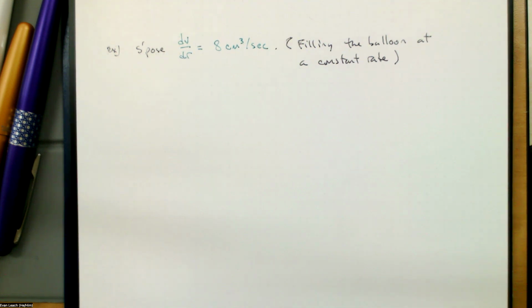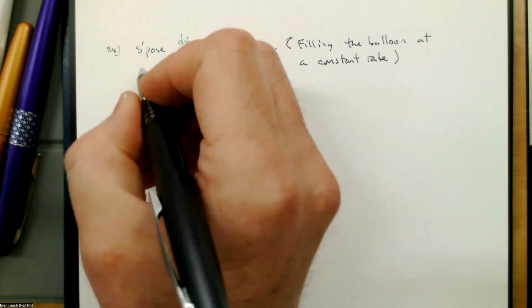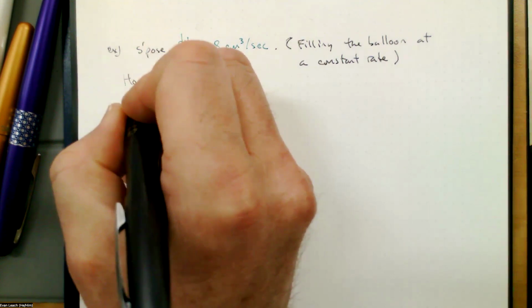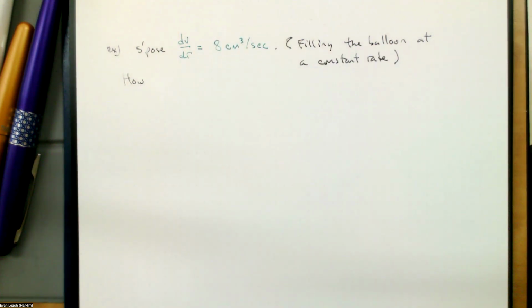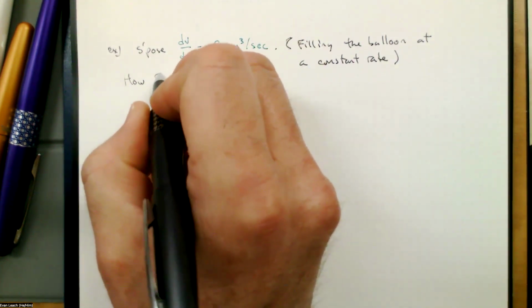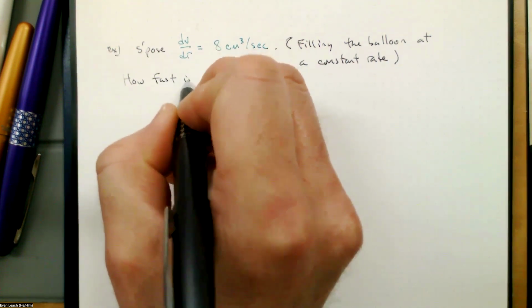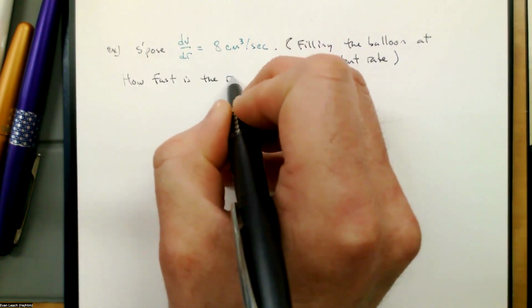All right. I'm just going to write down the typical related rates problem. How fast is the radius increasing?